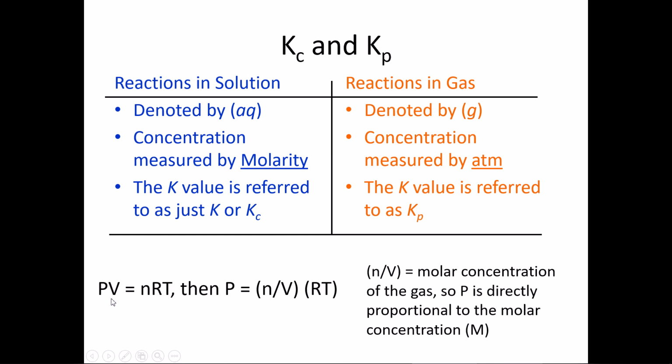Pressure times volume is equal to moles times R times temperature. If we rearrange to solve for pressure, we see that pressure is proportional to the molarity, so our n over V would be our molarity. So we can use pressure units just like we use concentration units.